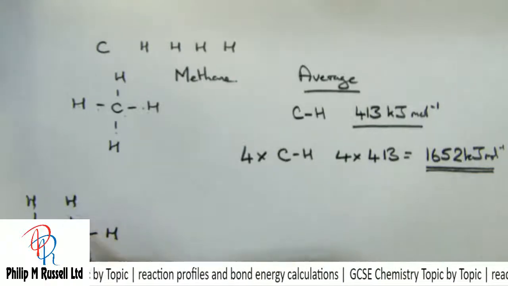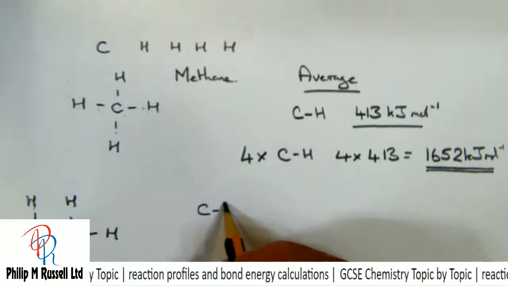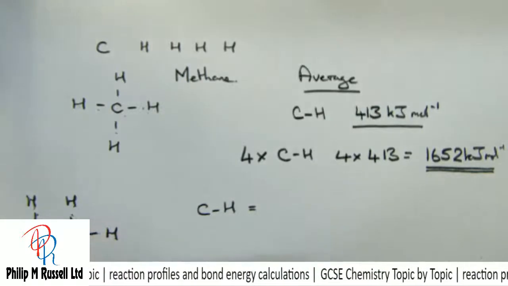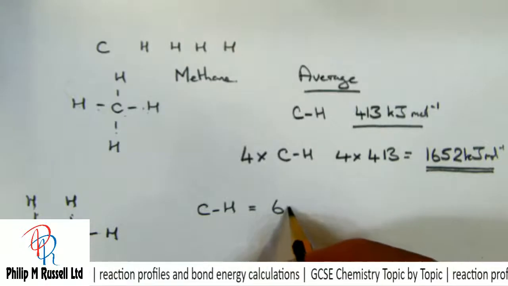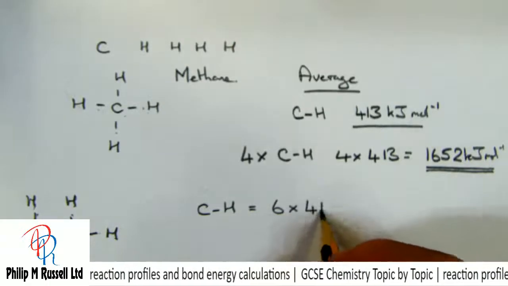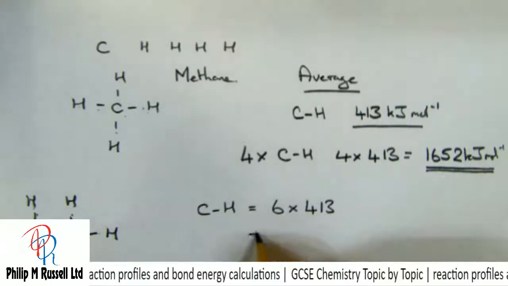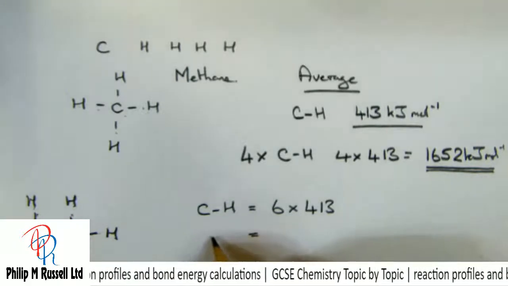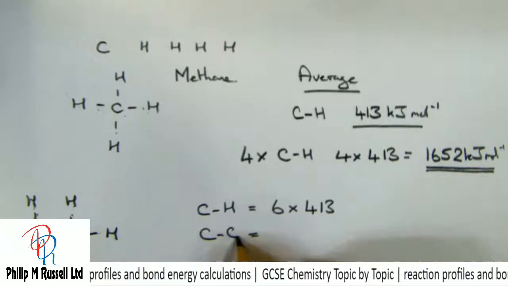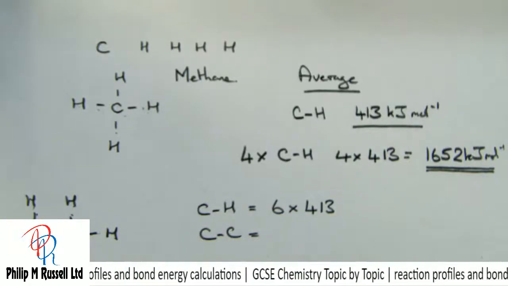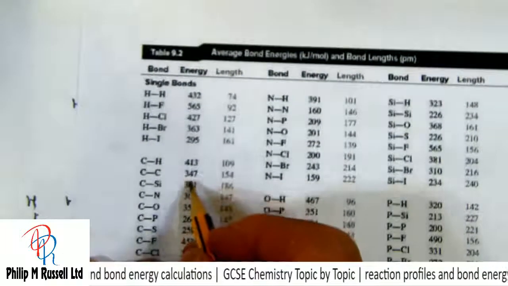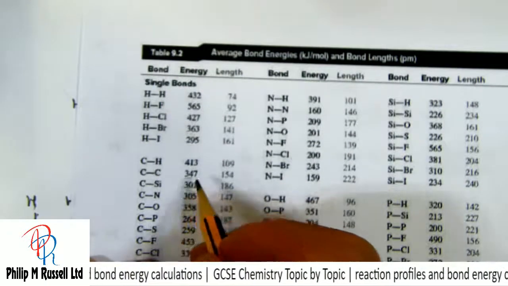Well, I've got my carbon-hydrogen bonds. There are 1, 2, 3, 4, 5, 6 of these. And I also have a carbon-carbon bond. And if I look up my carbon-carbon bond, here I've got 347.